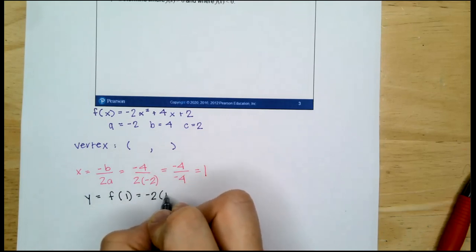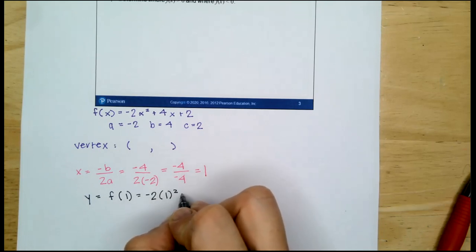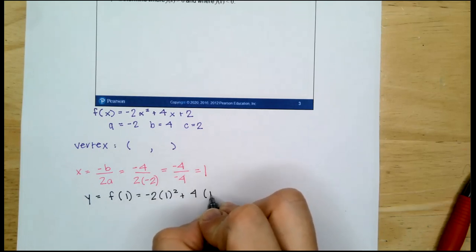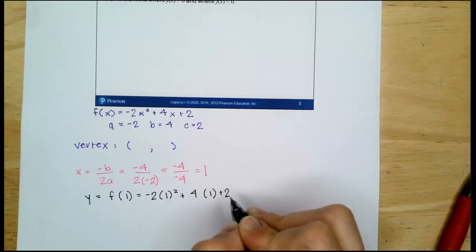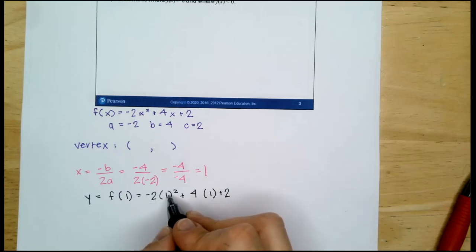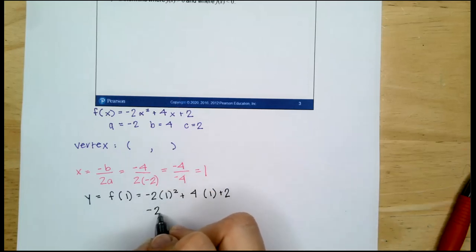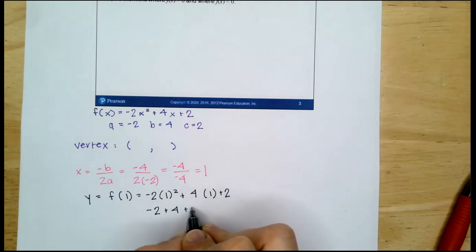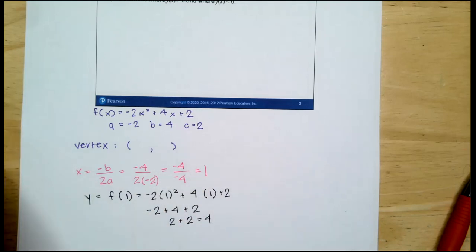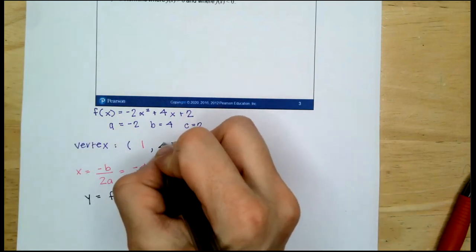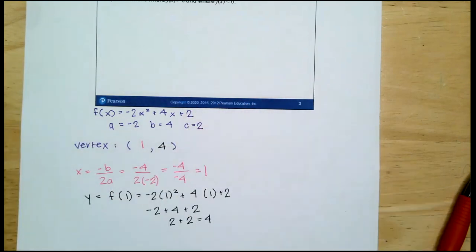Negative 2 times 1 squared plus 4 times 1 plus 2. Good. 1 squared is just 1, so that's negative 2 plus 4 plus 2. Negative 2 plus 4 is 2. 2 plus 2 is 4. So x is 1, y is 4 for my vertex.